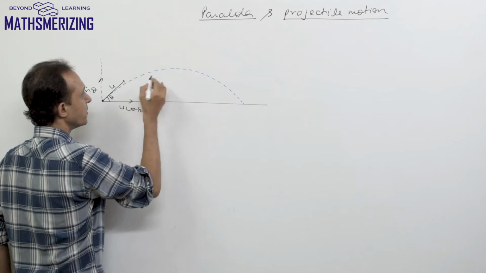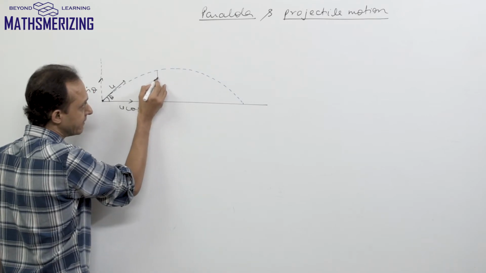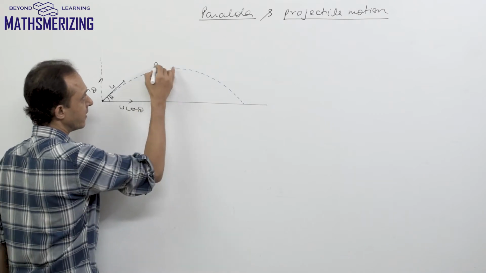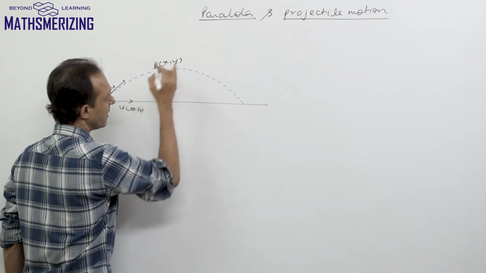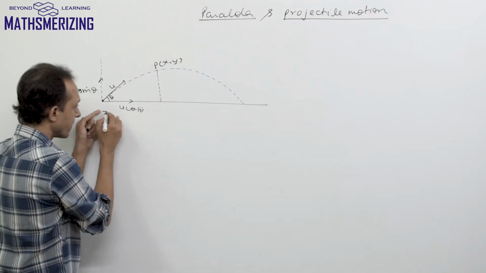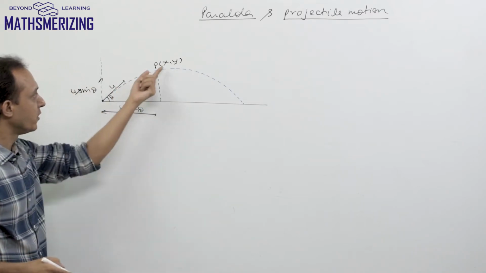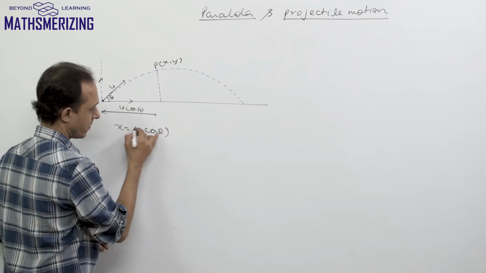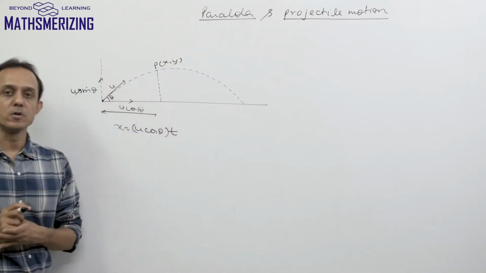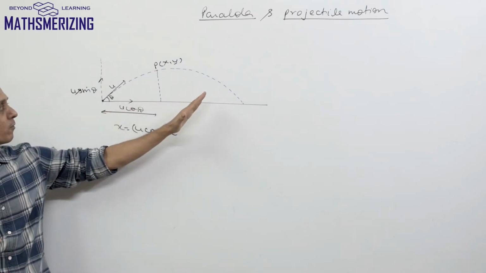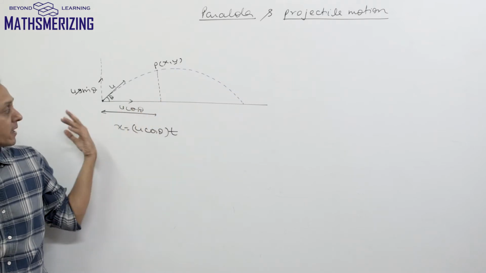Now, suppose at any instant t, this particle is at P, which is (x, y). x is the horizontal distance, so x simply will be u cos theta into t, because there is no horizontal force, so there is no acceleration or retardation.